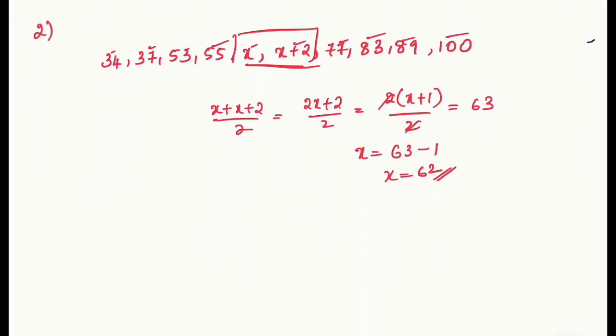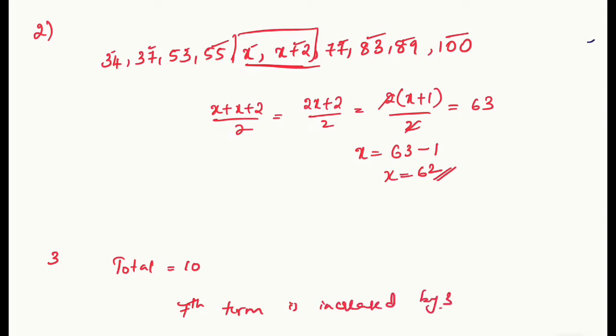Now coming to the third main. In 10 numbers arranged in increasing order, the 7th number is increased by 3. By how much will the median change? There are 10 numbers in total, and the 7th term is increased by 3.